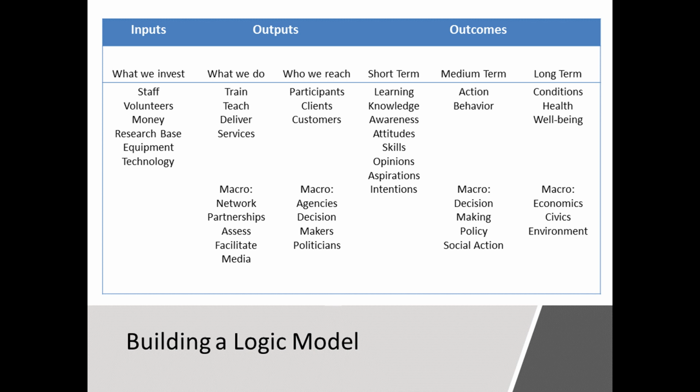So from a macro perspective, we might have a program, and I'll give you an example, because we're working as the external evaluator of a high utilizer management program in Alaska. And that program is designed to address the social determinants of health of high utilizers of emergency department and inpatient services.